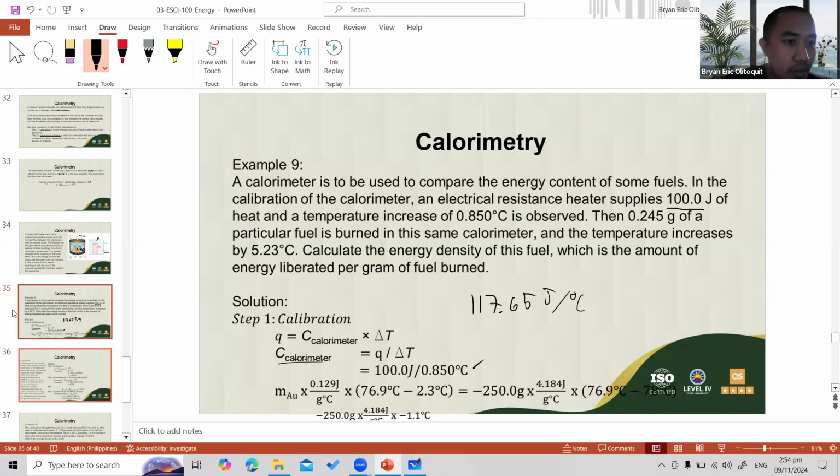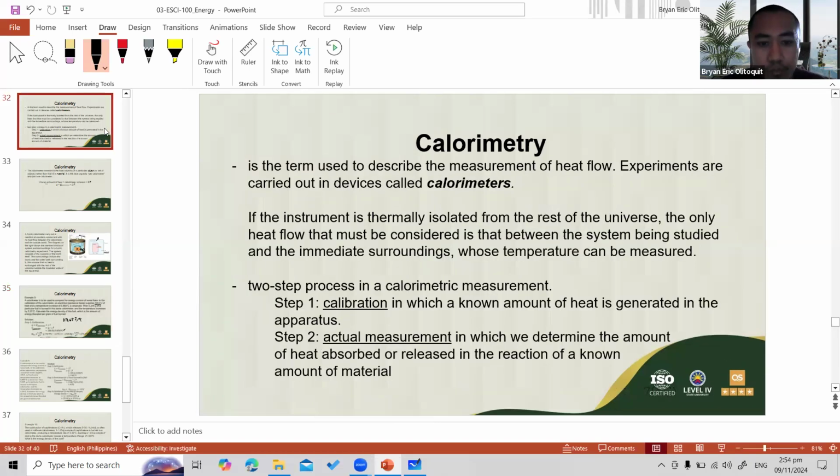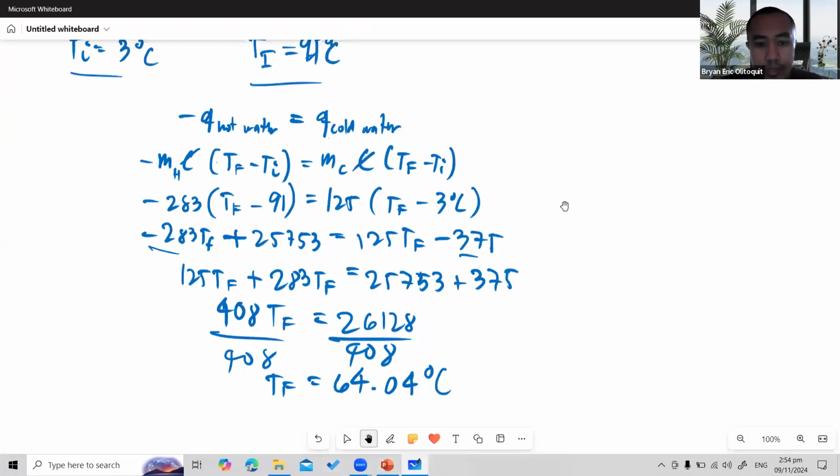Take note, sabi dito, step 2, going back, is the actual measurement in which we determine the amount of heat absorbed or released in the reaction of a known material. So, ito na yung gamitin natin.